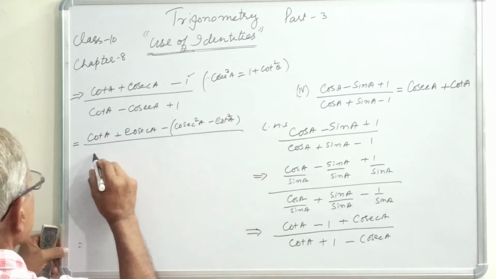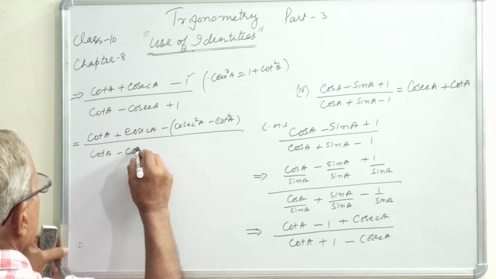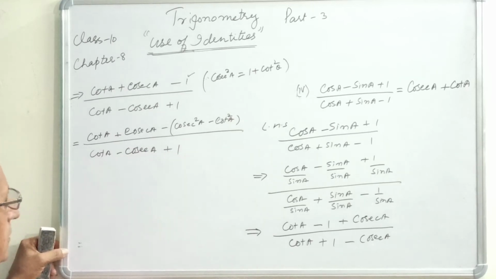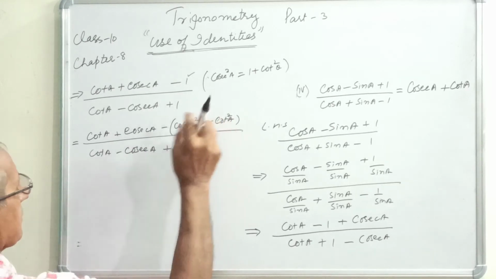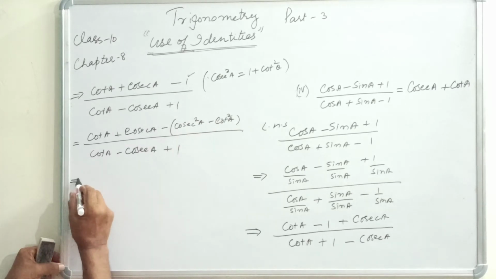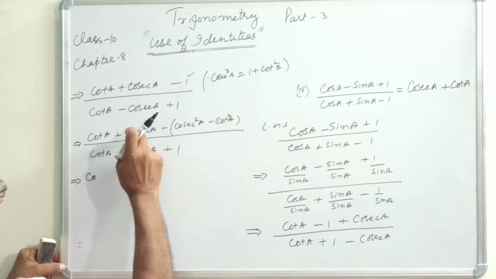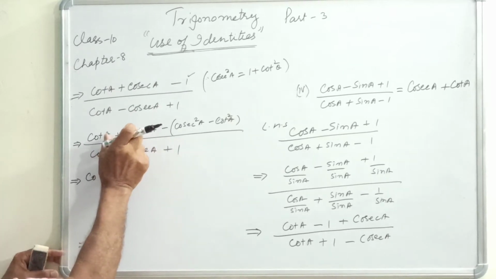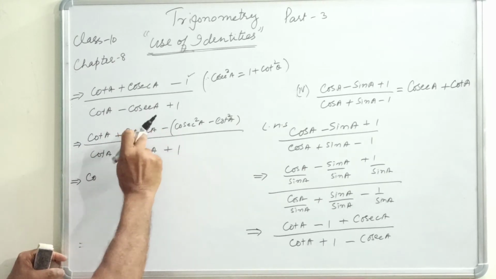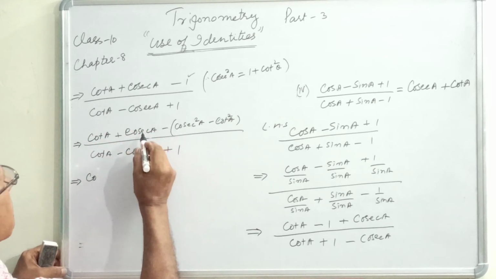and the denominator is cotangent A minus cosecant A plus 1. So write the factor for this. So we have plus sign between these two terms, so we can write cosecant A or cot A at any place.